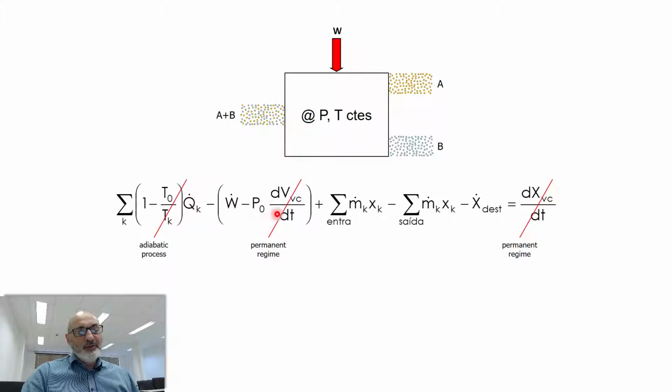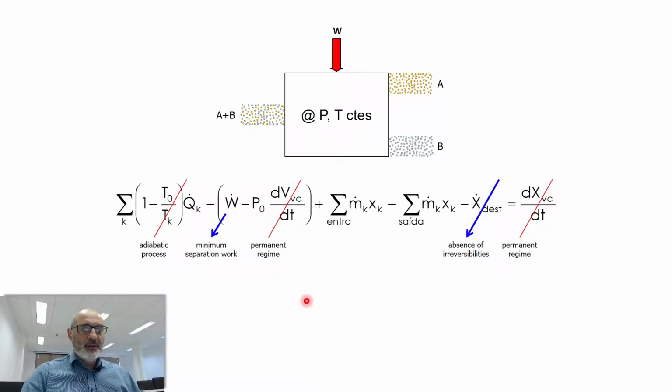This is zero for 2 reasons. Well, it's permanent regime, but also let's assume that the frontier here is undeformed. It's not deforming, okay, it's rigid, so this term is zero, okay? Okay, so no heat transfer and permanent regime.